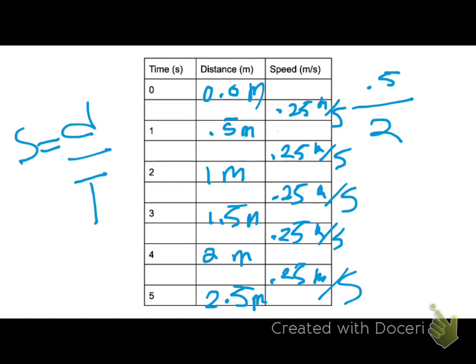Okay, so what you experienced on this course is because you were walking at the same speed the whole time, you didn't experience any acceleration. You did not speed up and you did not slow down. So we would say while your speed was 0.25 meters per second, your acceleration was 0. Okay.